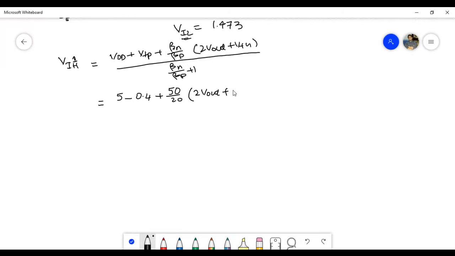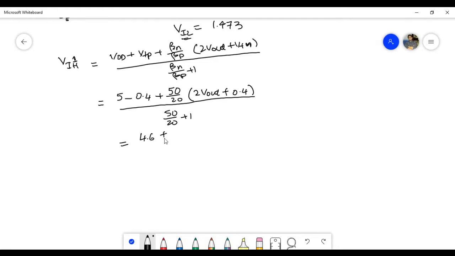VTN is 0.4, so VTP is minus 0.4 and VTN is plus 0.4, okay? So 50 by 20 plus 1. So this will be how much? 5 minus 0.4 will be 4.6.